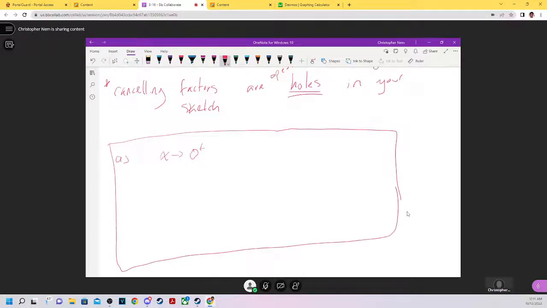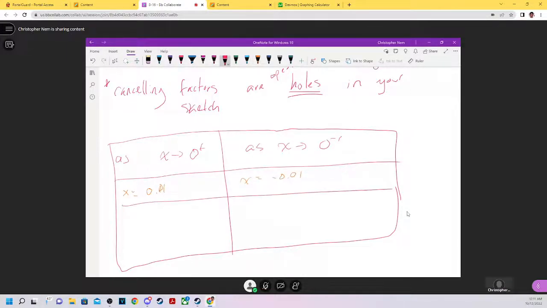This is a very big sketch, but oh well. And as x approaches 0 from the left. So let me choose a value that's right of 0, that's very close. x equals 0.01 or 0.1. Let's do that. And let's do x is equal to negative 0.01. And then we've got to calculate the sign.